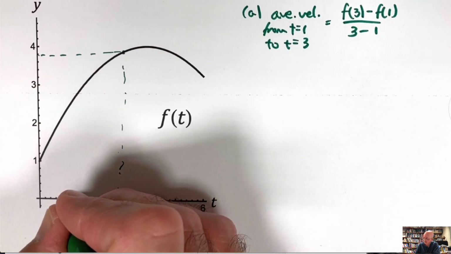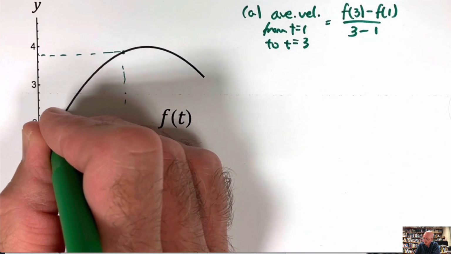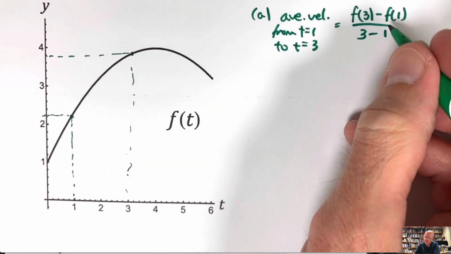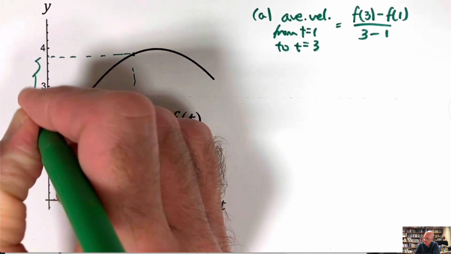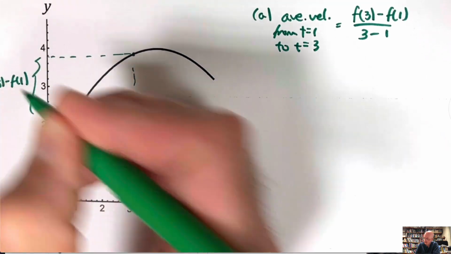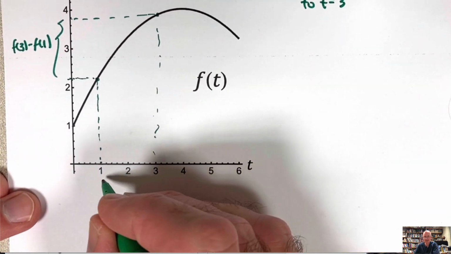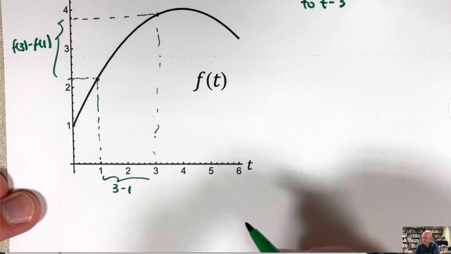F of 1 is the second coordinate of this point right there, something slightly bigger than 2. F of 3 minus f of 1 is a positive number in this case. It's this distance right here on the graph. And 3 minus 1, the time elapsed, represents this distance right there. That's 3 minus 1, which is, of course, 2.